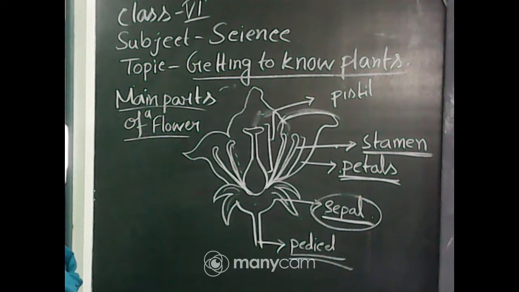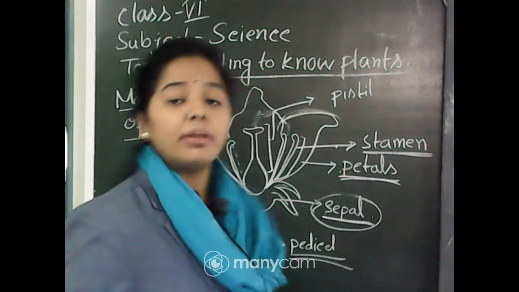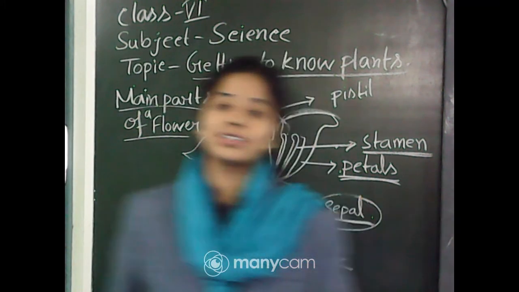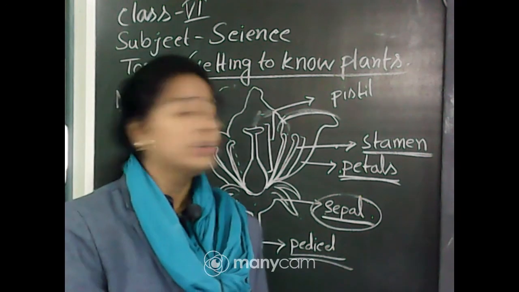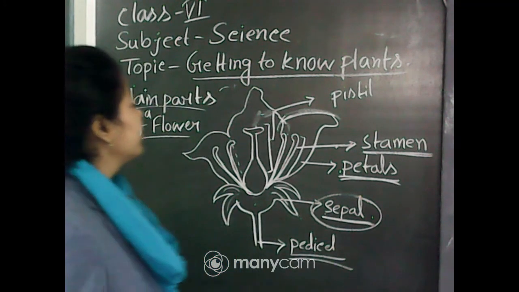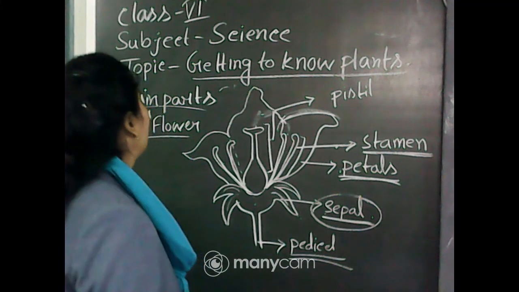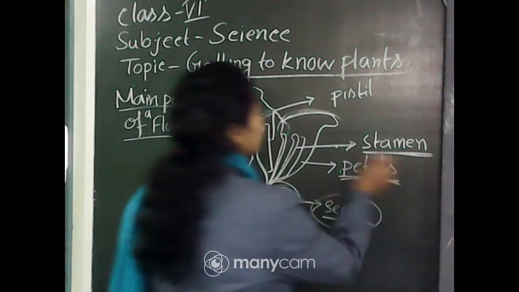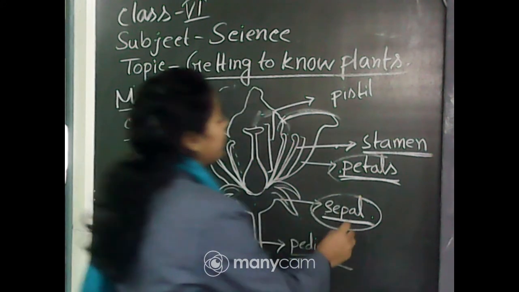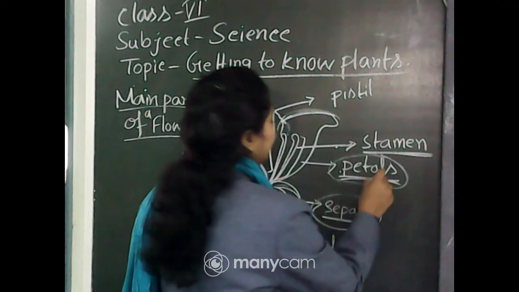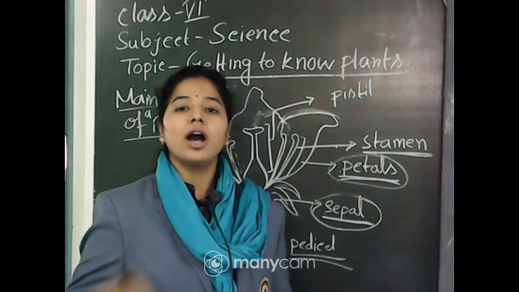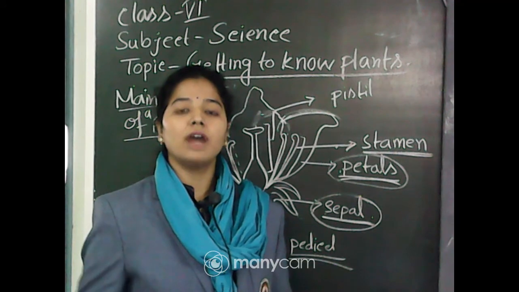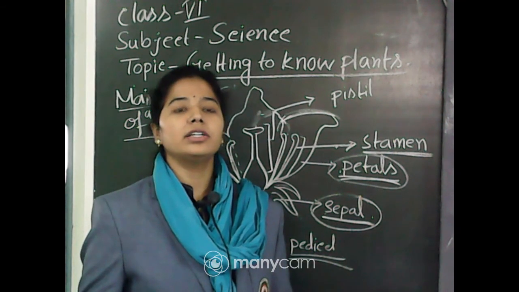With their color and fragrance, petals attract not only human beings but also insects and birds. So, petals are a very attractive part of a flower. You understood this portion? So, the outermost part is the sepal and the second is the petals. The sepal's main function is to protect the flower from outer problems or any outer destruction.